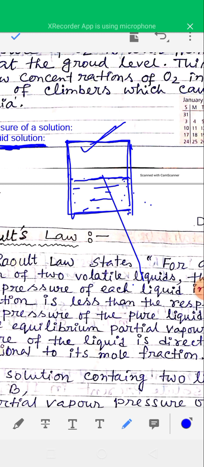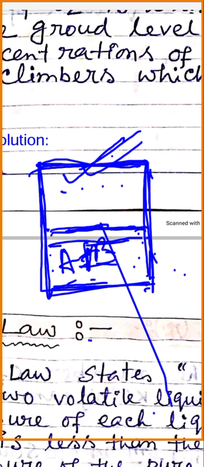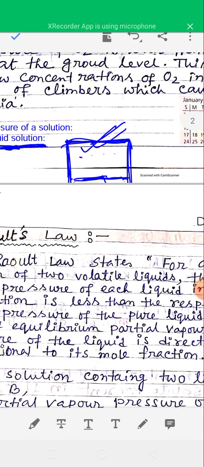Suppose liquid A and liquid B are mixed to form a liquid solution, and the solution is kept in a closed container. After some time you will get the vapor pressure of both liquids in this space just above the solution.